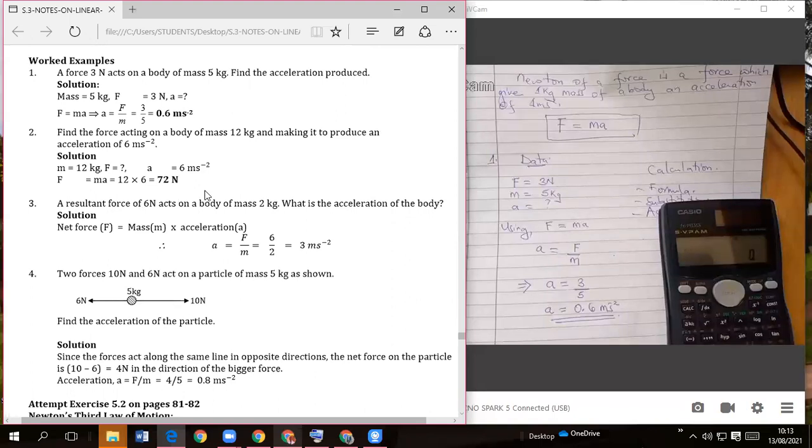You cannot see the question? Are you getting that answer on the screen? Members? Yes, teacher. Are you getting 72 newtons in number 2?